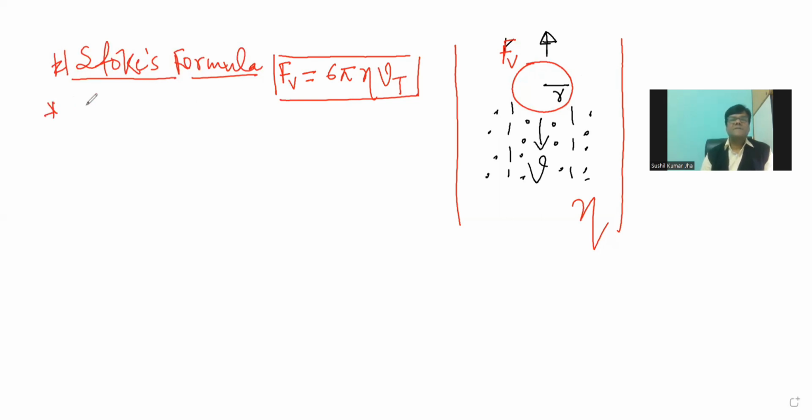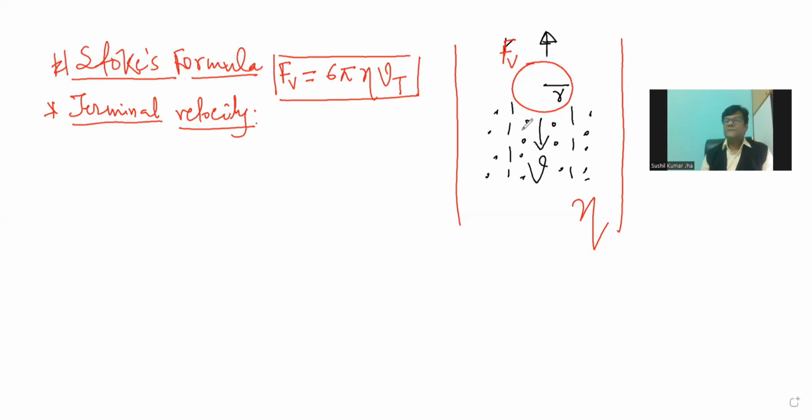And then a very significant point is the terminal velocity. We know that if a liquid drop or raindrop is falling through a medium, initially its velocity is not uniform.